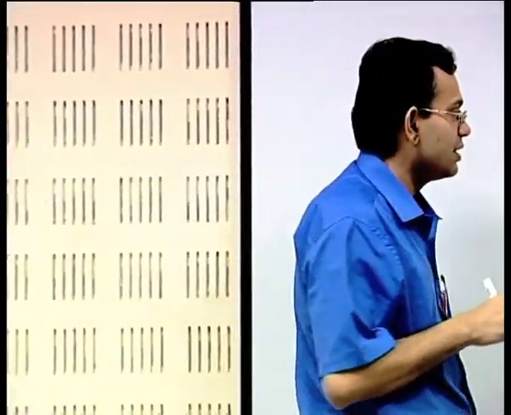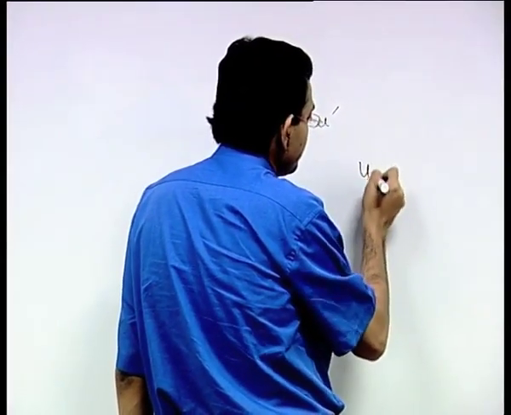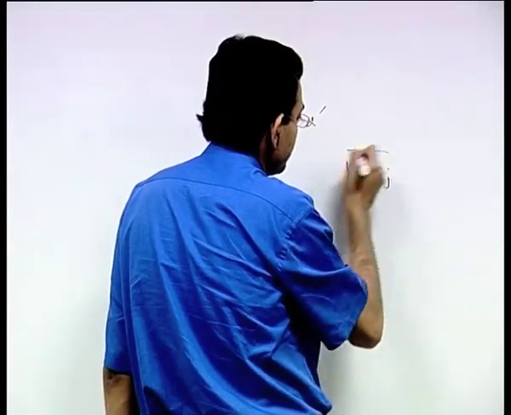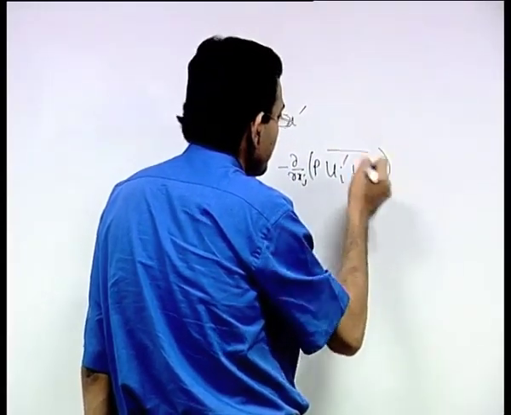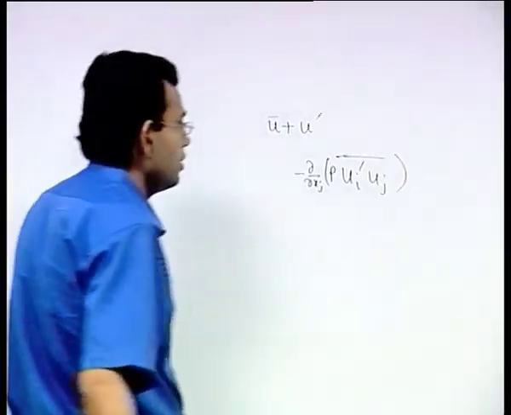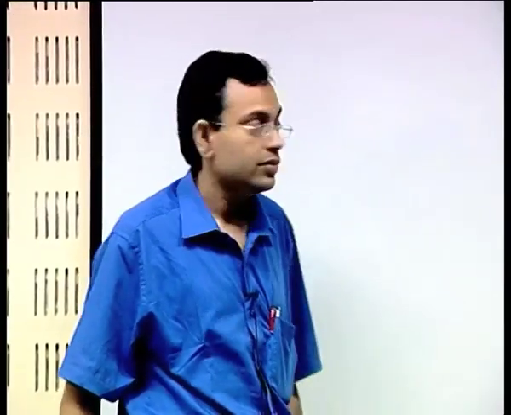Once you do that, then new stress terms appear: del del xj of rho ui prime uj prime bar.